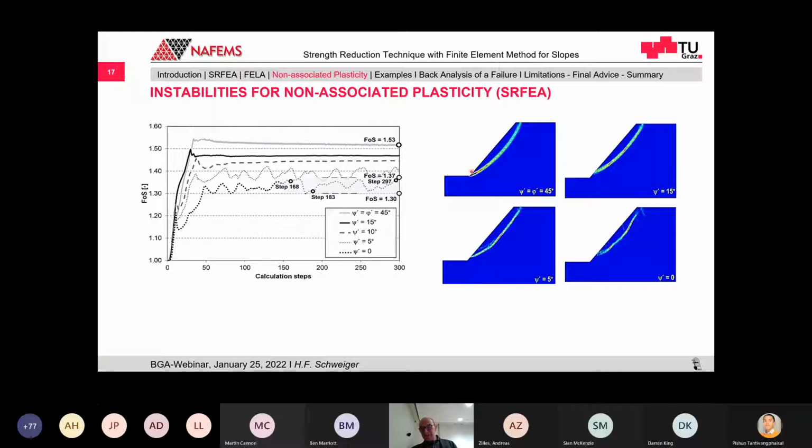And you see, this is the associated flow. You get a very nice, clear failure mechanism, but this is with the dilatancy 0. The code is struggling in defining an exact or a very pronounced failure mechanism.